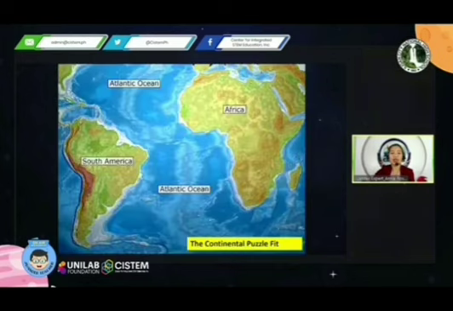Okay? So in the next picture, I'm going to show you here the South American continent and Africa. All right. Similarly, kung titignan natin yung mga shoreline ng South America at saka Africa, if they are being placed together, they are a good match for fitting. No? You can fit them together. Okay? So this one shows the continental puzzle fit of the two continents.